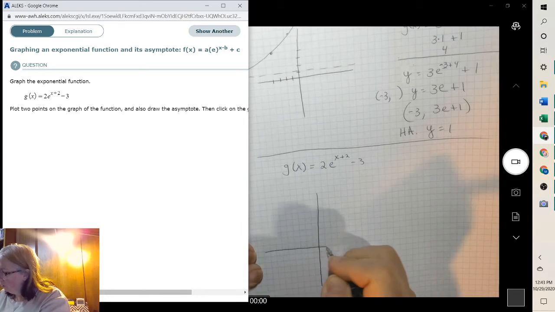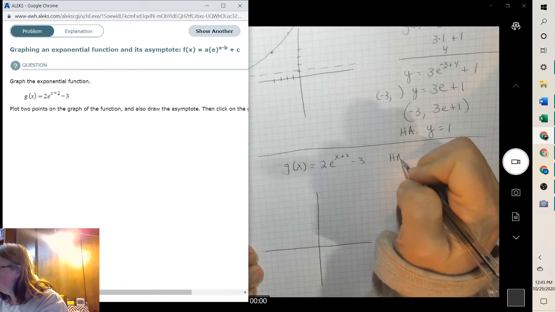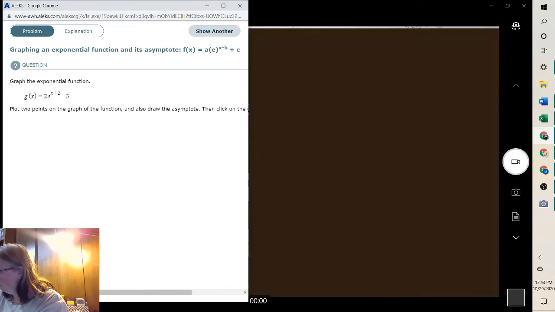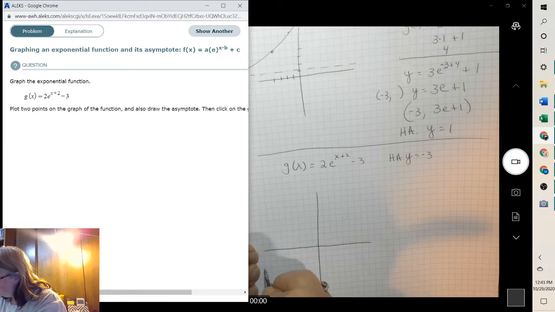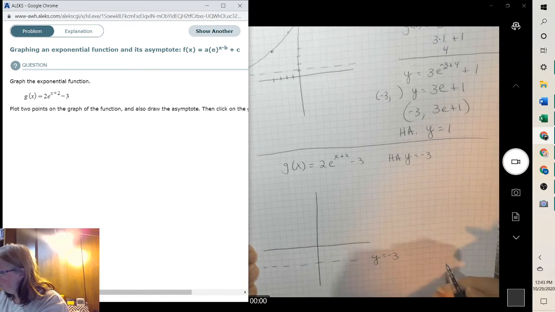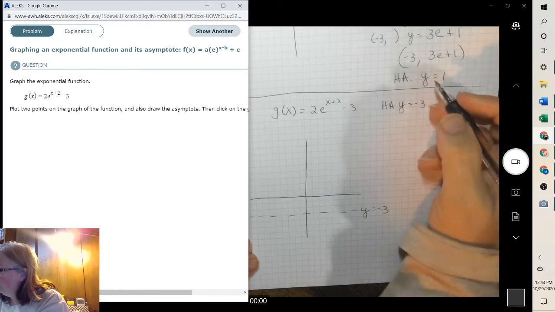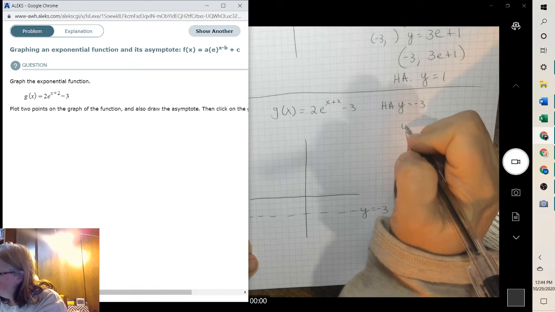Okay, so horizontal asymptote, negative 3. 1, 2, 3. So that's our horizontal asymptote. We need to plot 2 points.